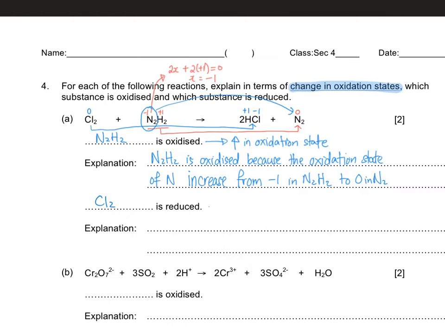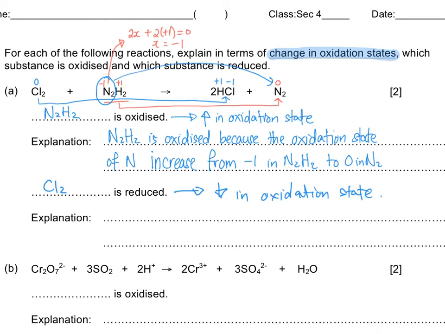In order for us to know that it is reduced, there is a drop in oxidation state. Let's double check the oxidation state. So what's the explanation?